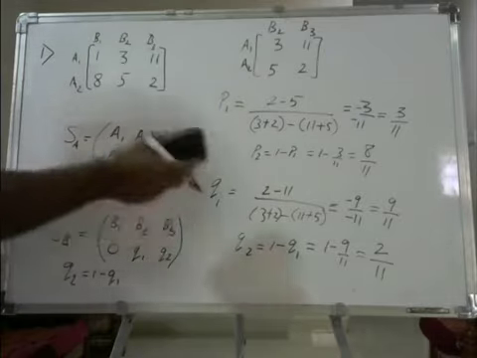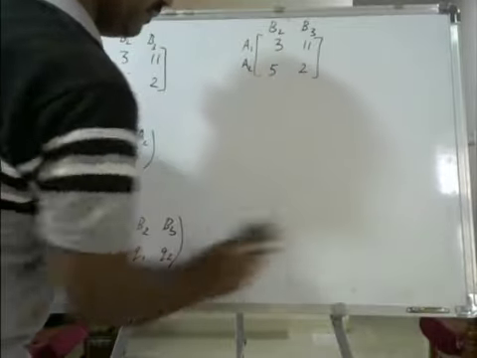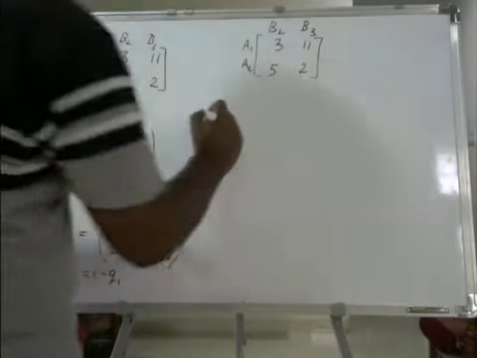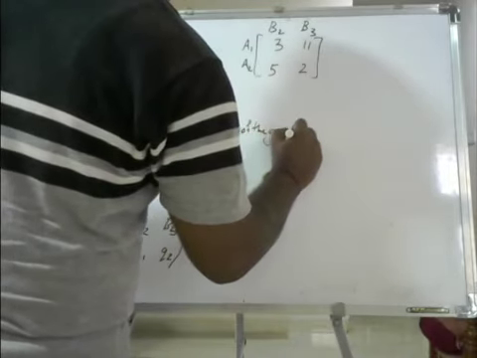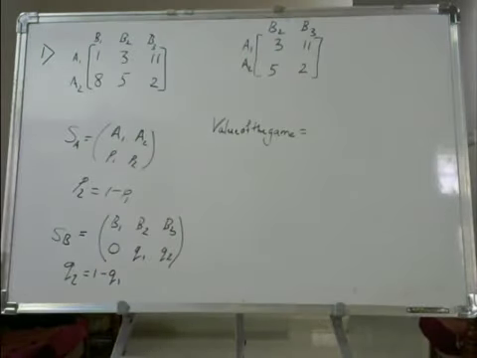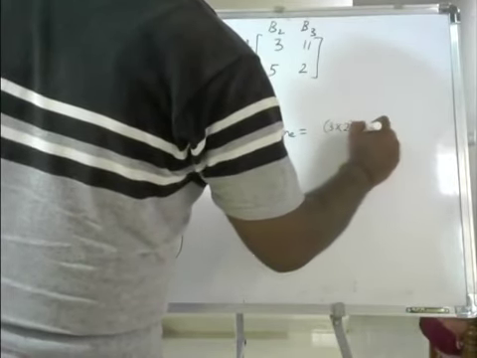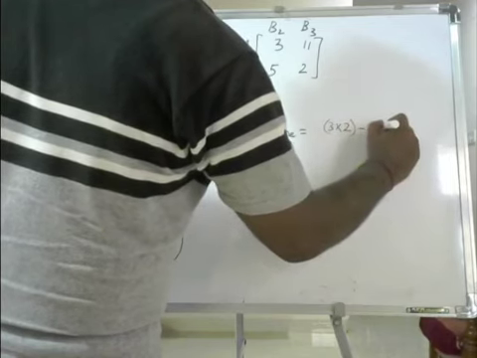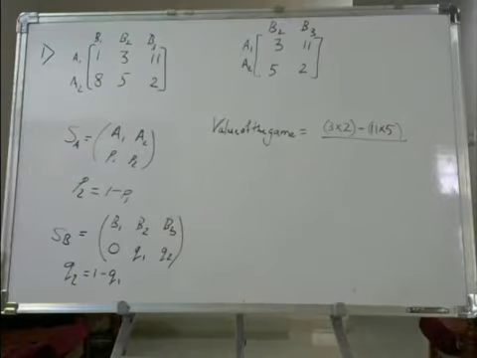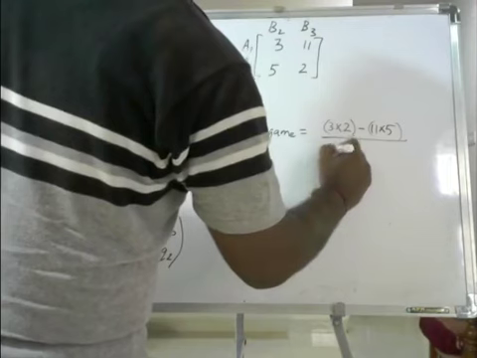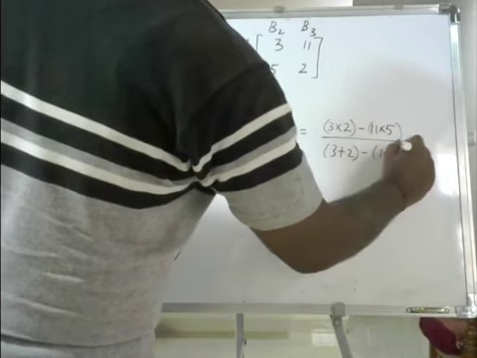Finally, the value of the gain is equal to (3 into 2 minus 11 into 5) divided by (3 plus 2 minus 11 plus 5).